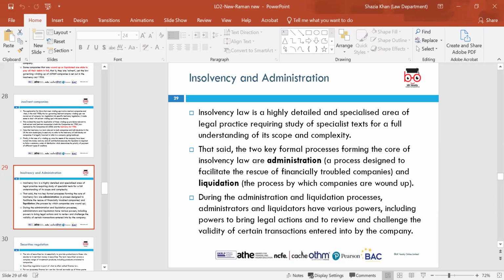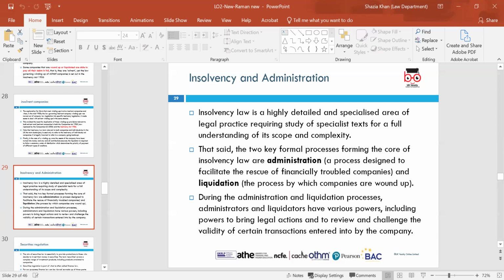Then we have equity investment, where investors share capital in return for funding. Then there is the informal creditor arrangement, an informal agreement to repay debts to a small number of creditors. And then we have the company voluntary arrangement, a formal agreement to repay debts to creditors, which must be approved by the creditors who vote.